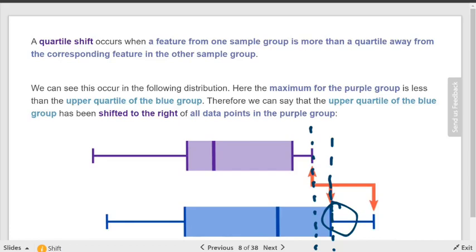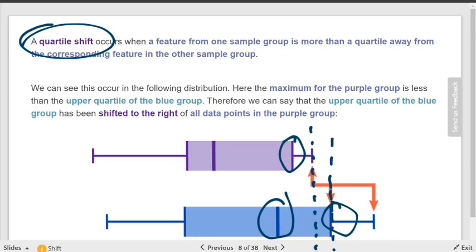Now, is the median of the blue one above the upper quartile of the purple one? No. So has there been a median shift? No, but there has been a, what is it called? Quartile shift. Okay? So the same idea, but we're not talking about the median this time, we're talking about a quartile shift. And a quartile shift is still significant.